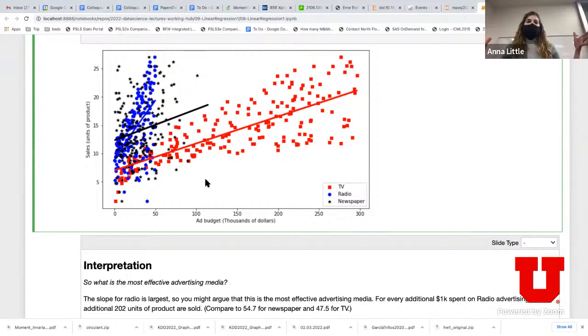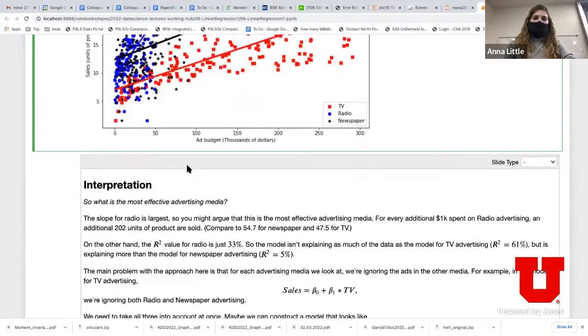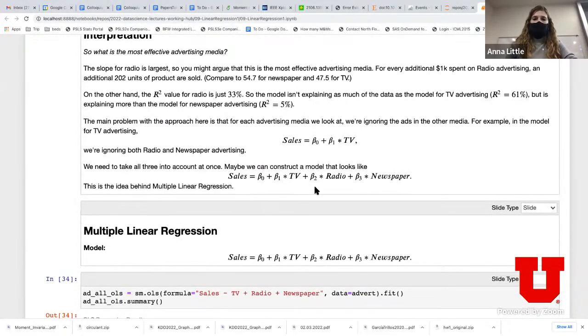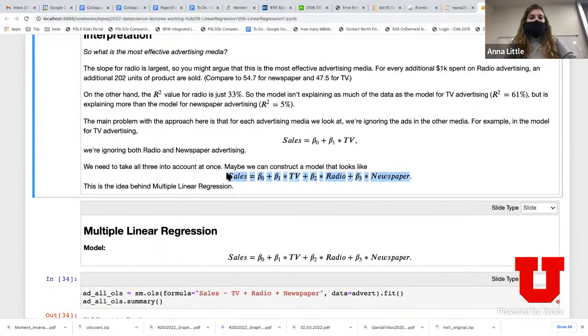Like, what if we looked at everything all together and tried to make a prediction? It can be a little hard to answer that question when you run all of the regressions separately, but generally a better thing to do would be to come up with a more comprehensive model. This is called multiple linear regression, where we construct a model in the following way.